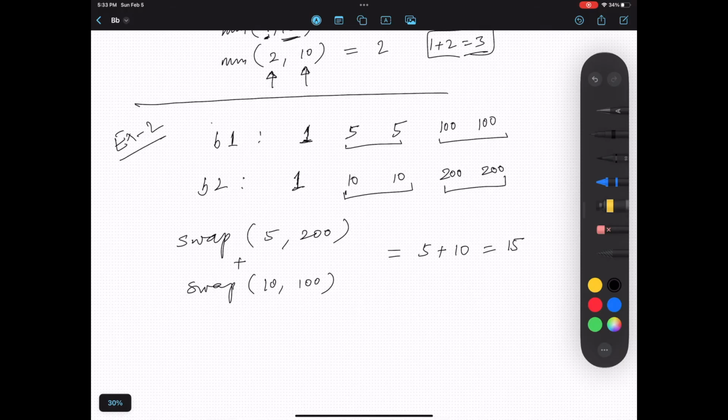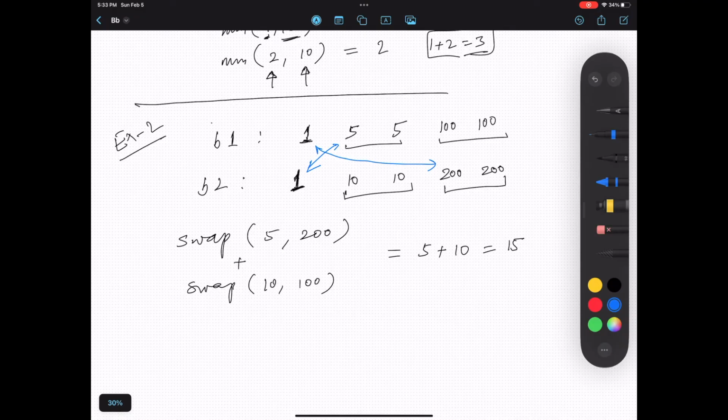Yes. We can use this 1 as an intermediate value to swap. What do I mean by that? Consider this: I would swap 5 with 1 and then 1 with 200.